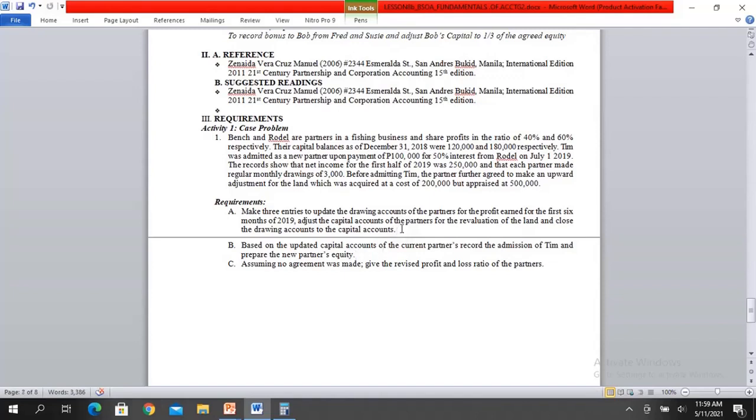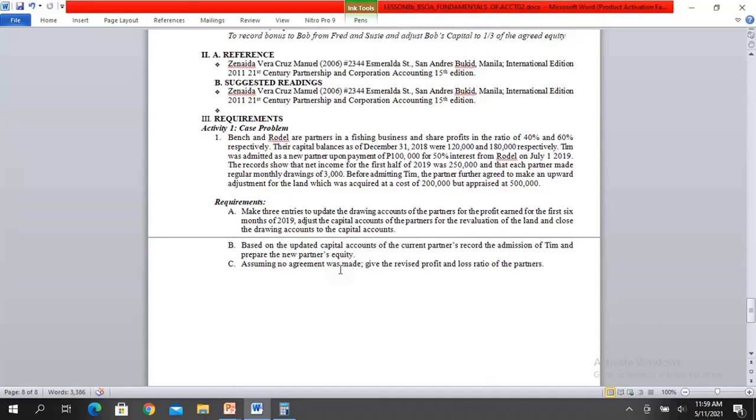After nyo i-update yung capital, di ba, na mayroon siyang binili na 100,000, si Tim na 100,000 for 50% interest, nagbayad siya ng 100,000 for 50% interest of Rodel. Ayan, ibig sabihin, kalahati ng interest ni Rodel, binili ni Tim ng worth 100,000. So, update the capital account and then record the admission of Tim or prepare the new partner's equity.